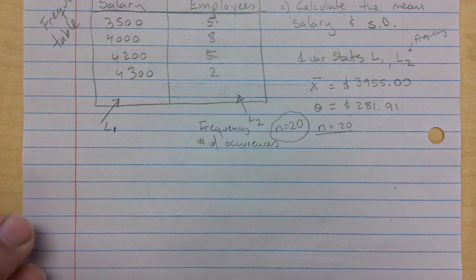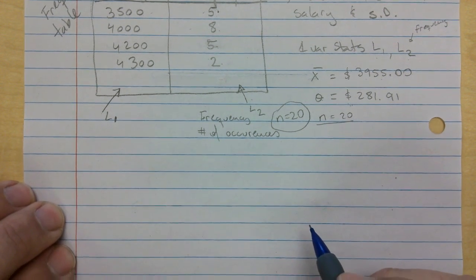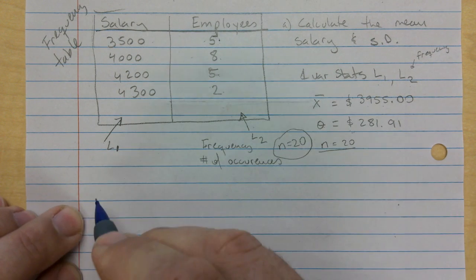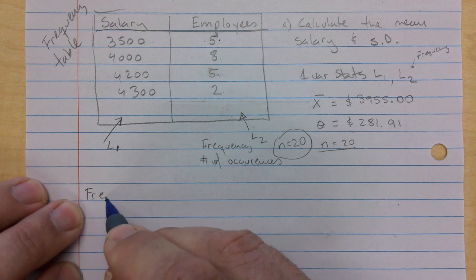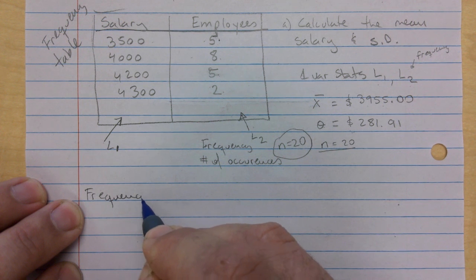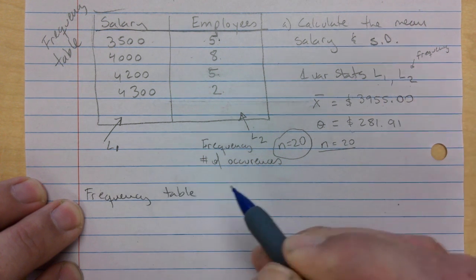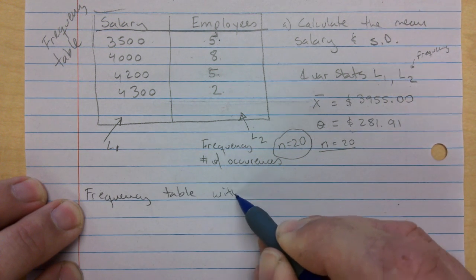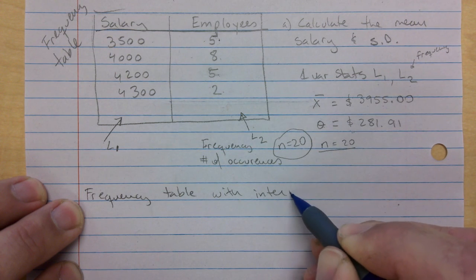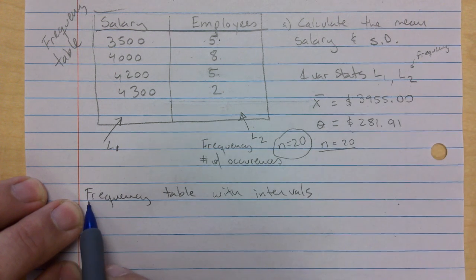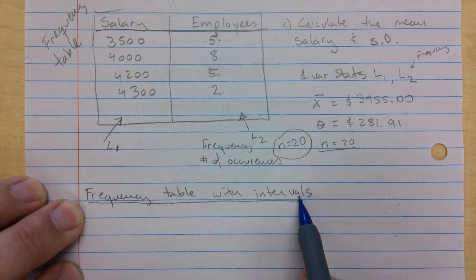Okay, so let's have a different example here. Frequency table with intervals. So this is an example of a frequency table with intervals.